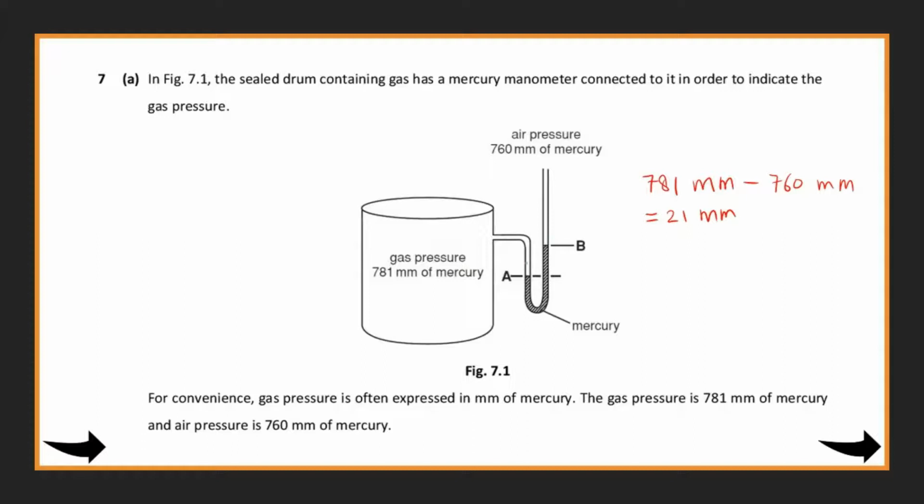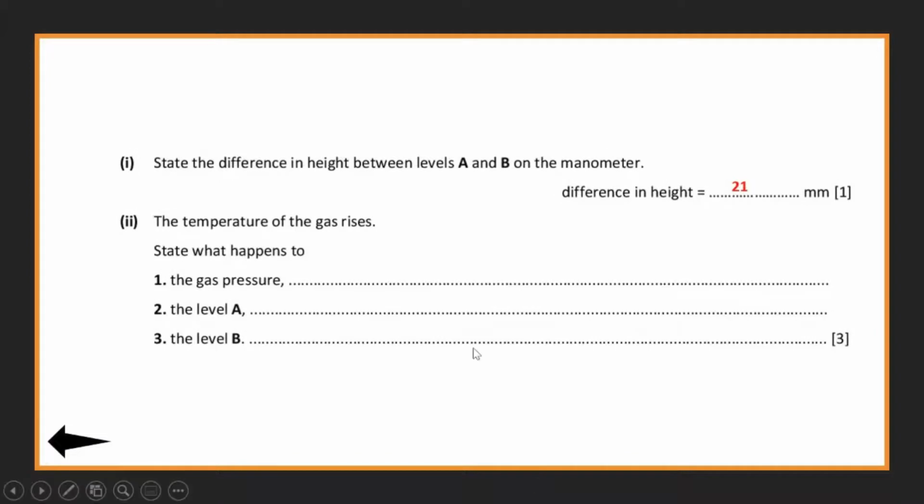So we can now answer question 7A, number 2 and 3. Number 2, the level A lower, level B will become higher.